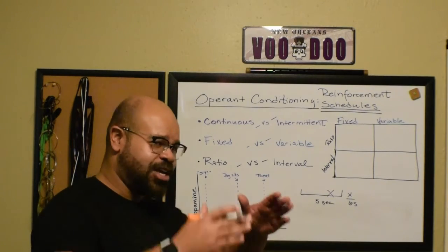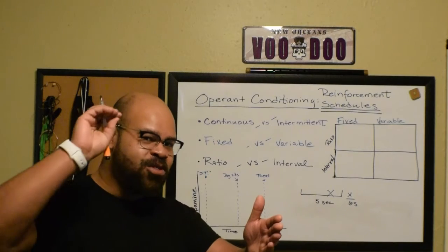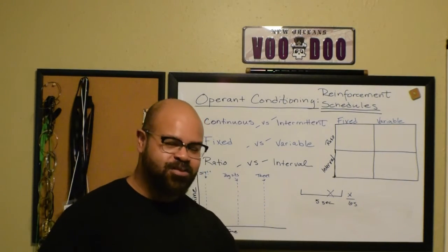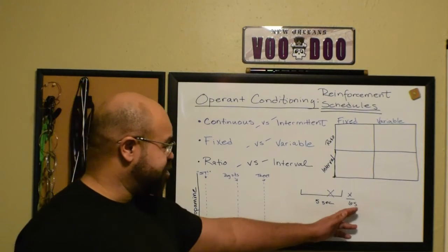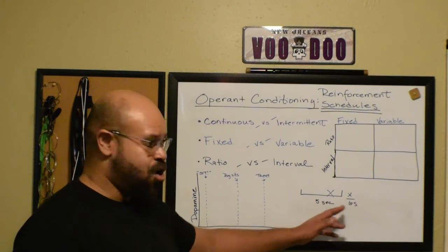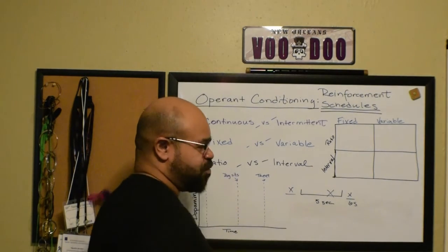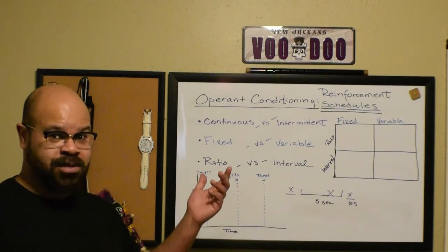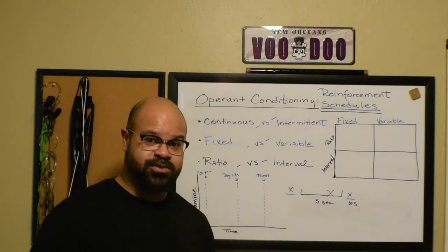In an interval schedule, it's only allowable within this certain amount of time. So when the light is on, let's say the light's on for 5 seconds, if the mouse presses the lever within that 5 seconds, he'll get the treat. If he misses it by too long, or if he even presses it too early, that is to say, he presses it before the light comes on, or if my dog shows up before I show up to open the door, right? There's no opportunity here for them to get that treat.